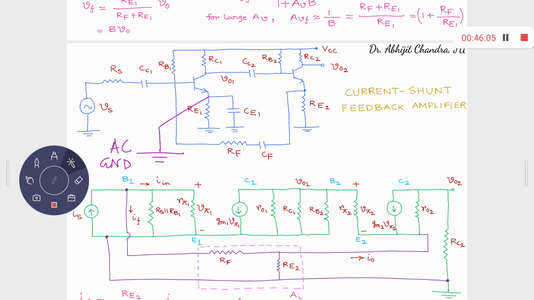What is left? RF. How is it connected? Between E2 and V1. This is the E2 terminal, and V1 over here.